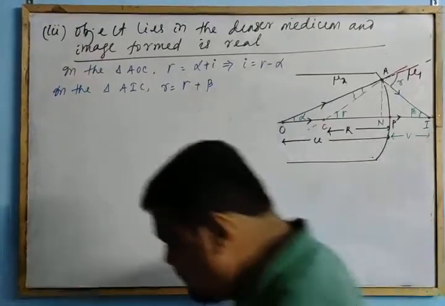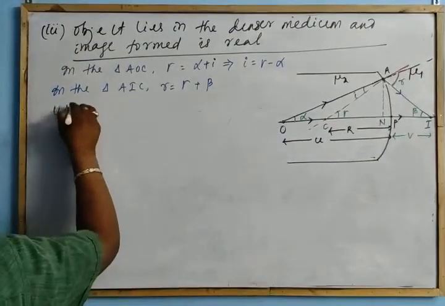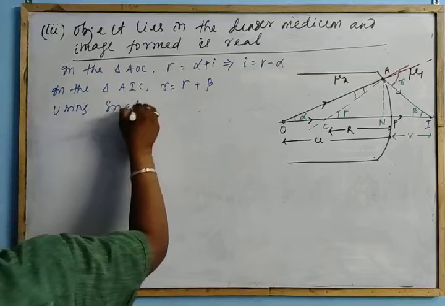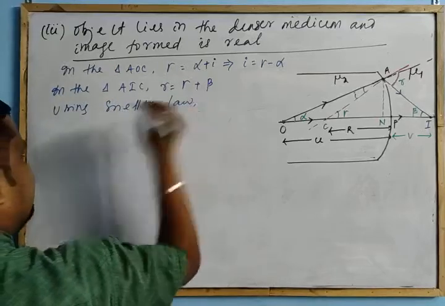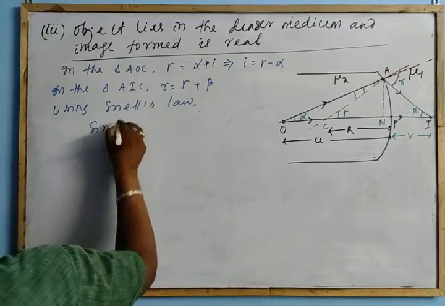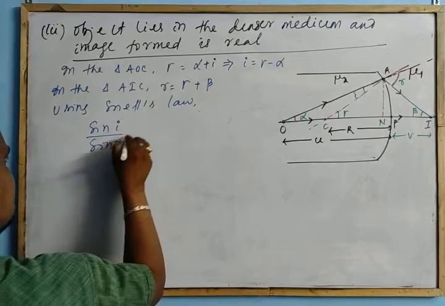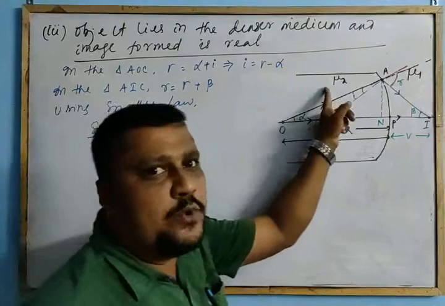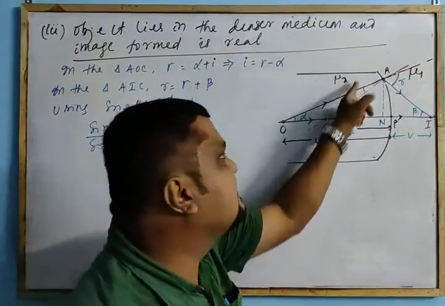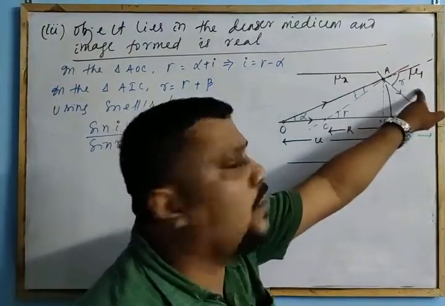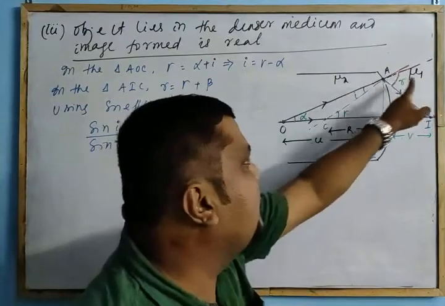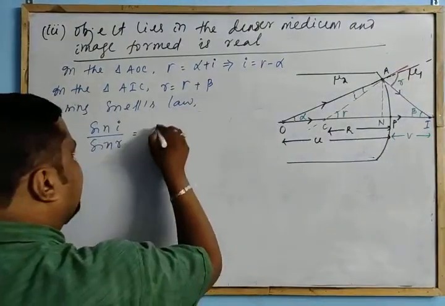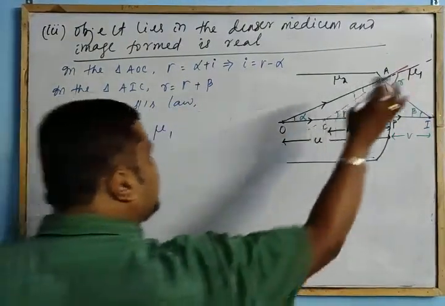Now use Snell's law. According to Snell's law, that is most important here, sin i by sin r is equal to what? The ray is traveling from mu2, the absolute refractive index of the denser medium, to mu1. Incident ray, refracted ray. So I will write the refractive index of which one?